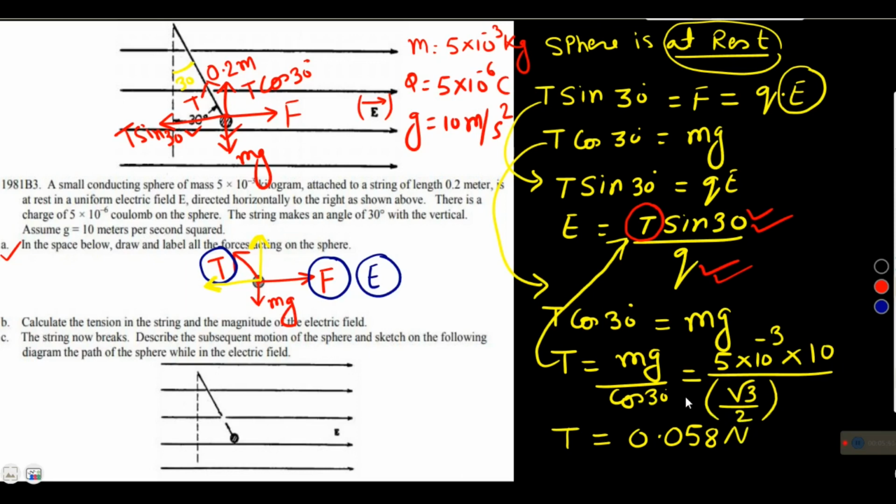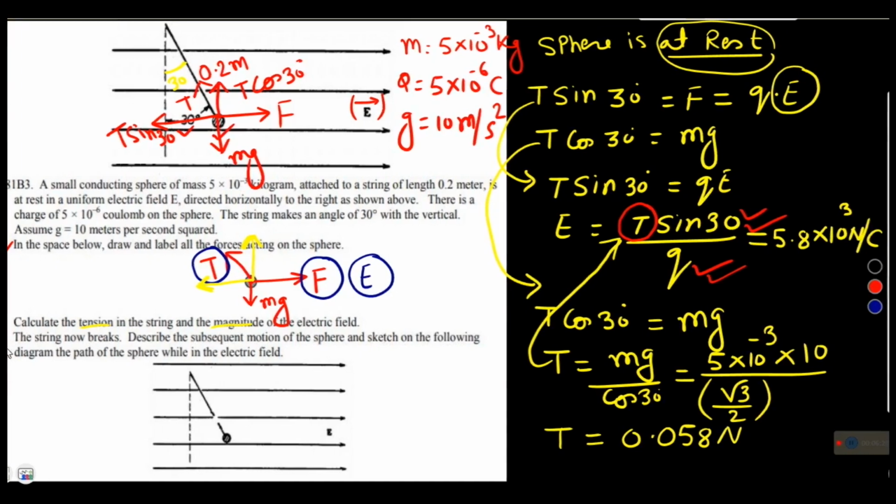So we can put the value of T in the expression of E. When you put it, you will get the answer as 5.8 × 10^3 Newton per Coulomb. So this will solve our tension and magnitude of electric field.